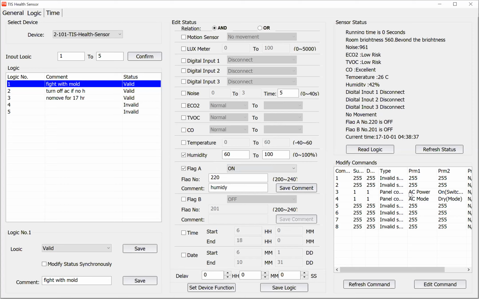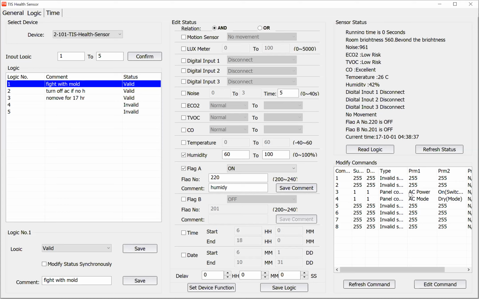And listen to me. If the environment is humid, okay, the user wants to turn on the air conditioner. You know, living in a humid environment is very bad. And someone like me, I cannot live in a humid environment.